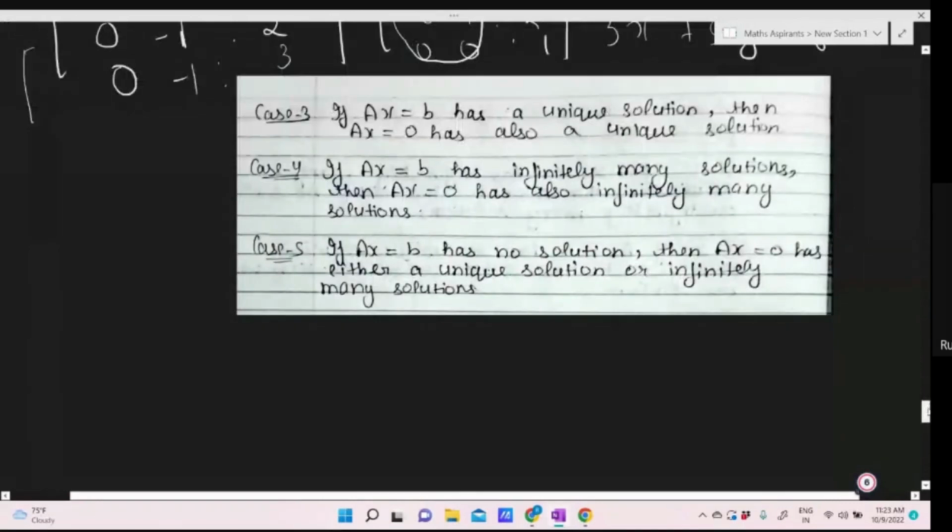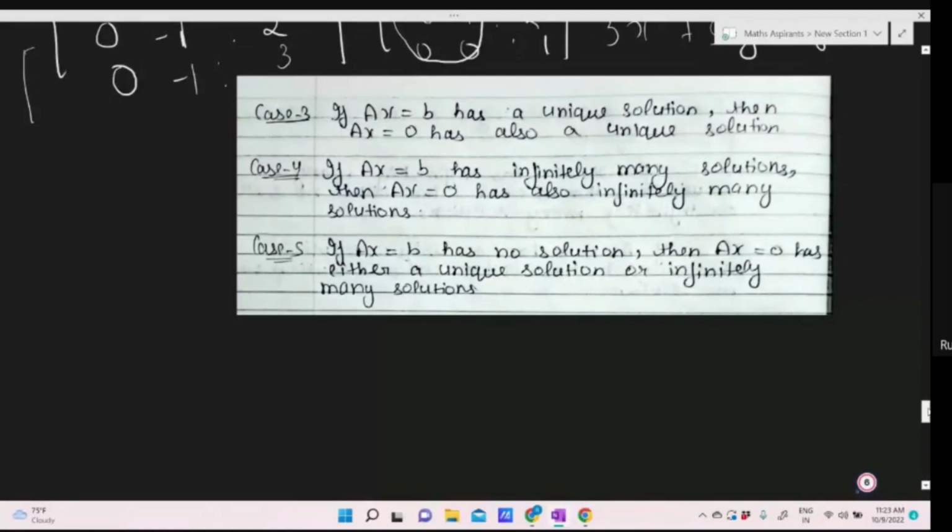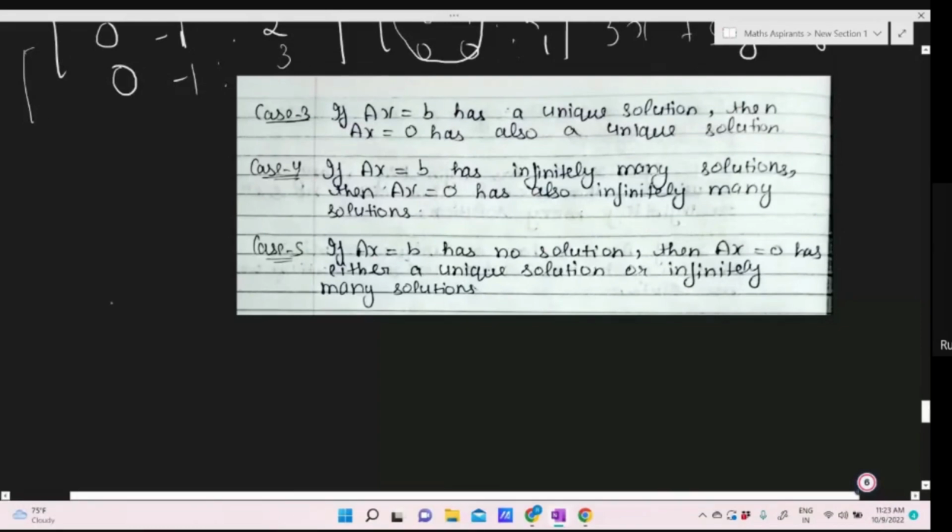Now we will discuss the relationship between homogeneous and non-homogeneous systems. If we are given a non-homogeneous system, what will be the homogeneous system? For case number 3, if AX = B has a unique solution, then the rank of A is equal to the rank of [A|B], which is equal to the number of columns, that is, the number of variables.